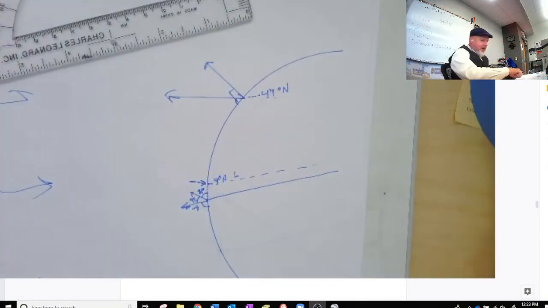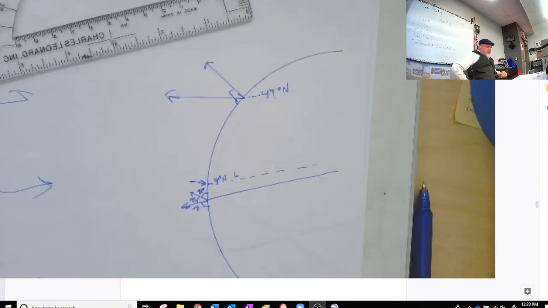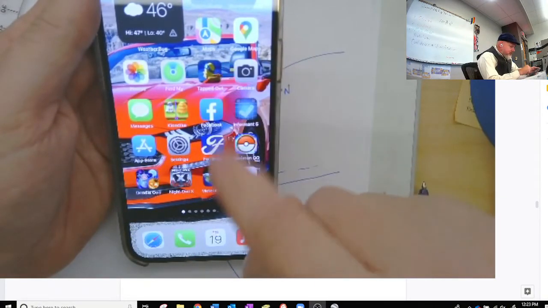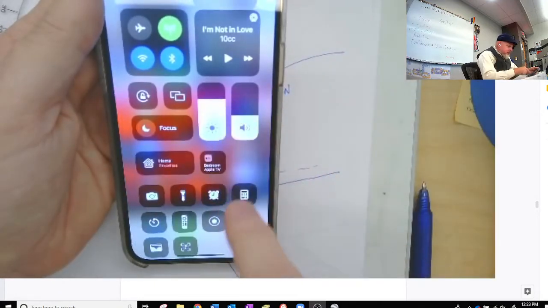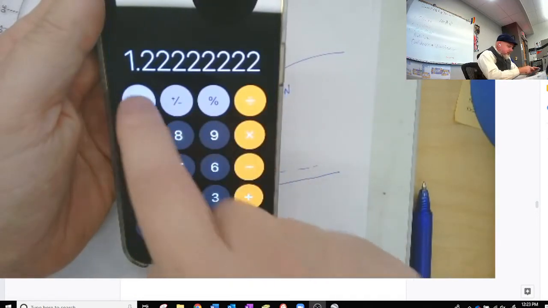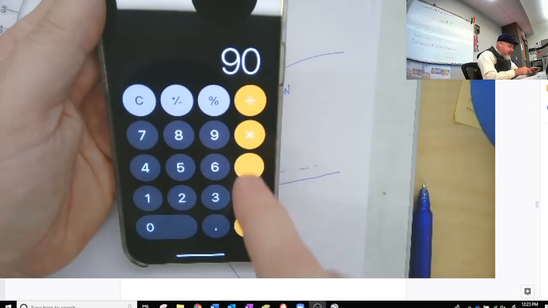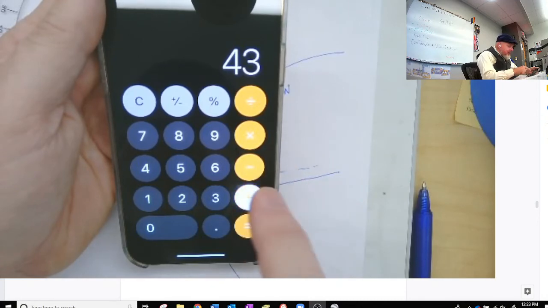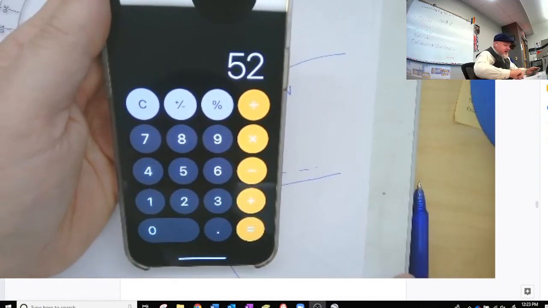Let's see, do some quick calculation here. (90 minus 47), that's our change in latitude to the equator, but plus 9 actually, because it's not at the equator.